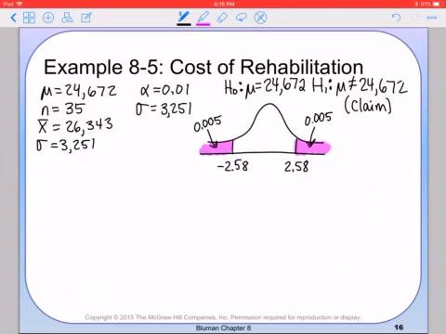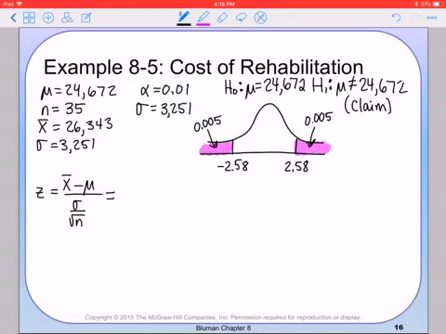So then we want to figure out exactly what's going on here. We want to substitute all our variables into this formula: z equals x bar minus mu divided by sigma divided by the square root of n. If you remember, we had that up on the board on Wednesday. Let's substitute in some variables and we'll see if we're in the critical or non-critical region.